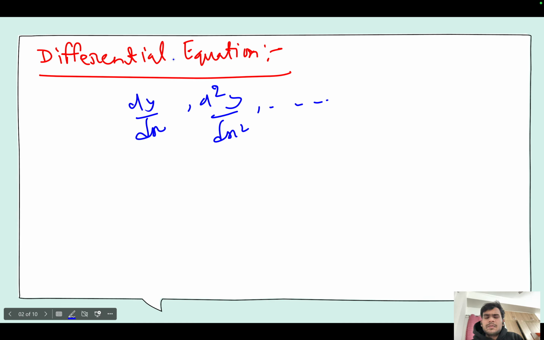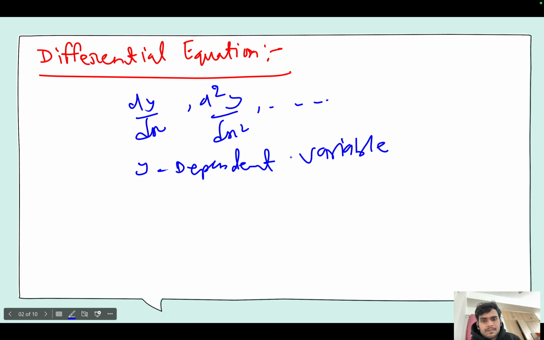In other words, we can say that here y is the dependent variable, and x is the independent variable.